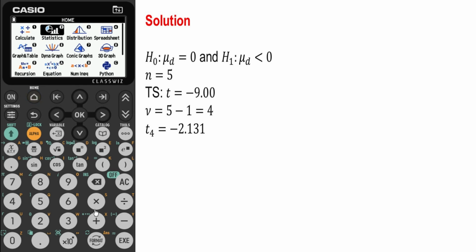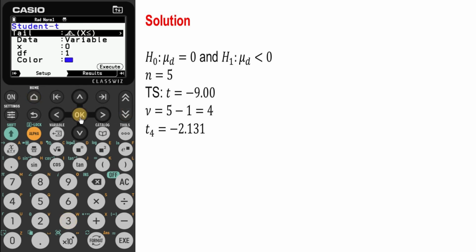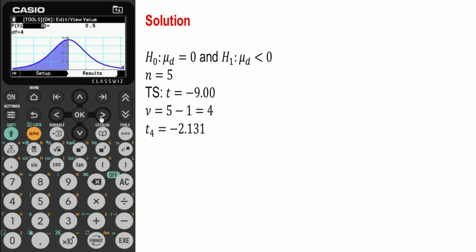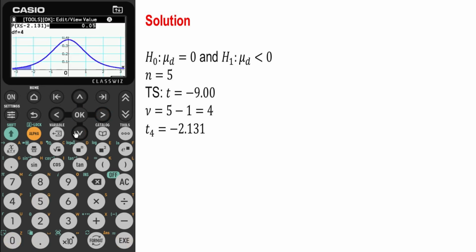Let's press the home key and go to the distribution application and go to student t. Here we have 4 degrees of freedom. We have 0.05. You will find t with 4 degrees of freedom to equal -2.131.